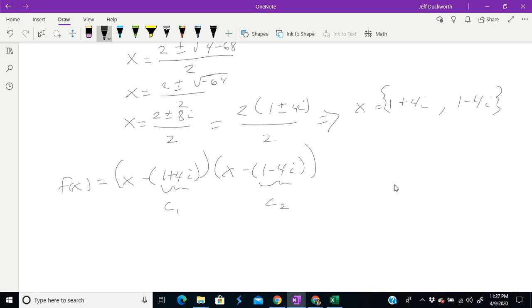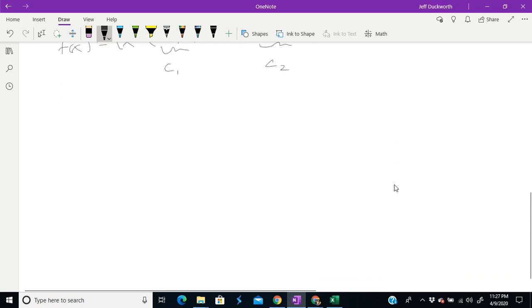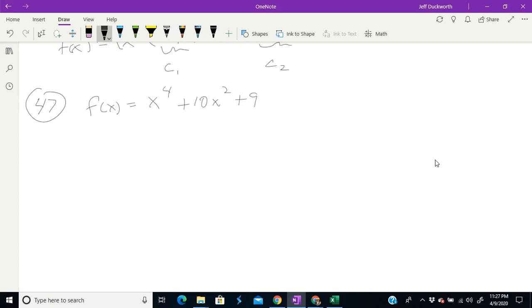Okay, so we should do one more problem. Here, let's do one with a fourth power. So number 47, we're given that the function equals x to the fourth plus 10x squared plus 9.